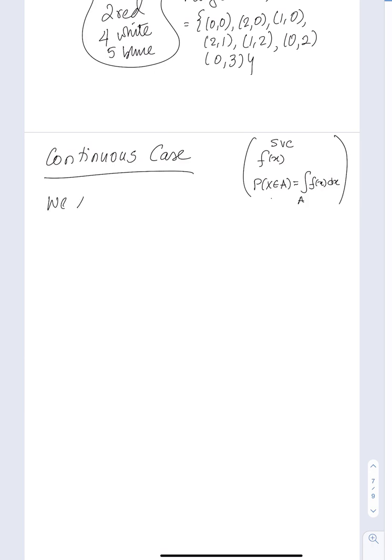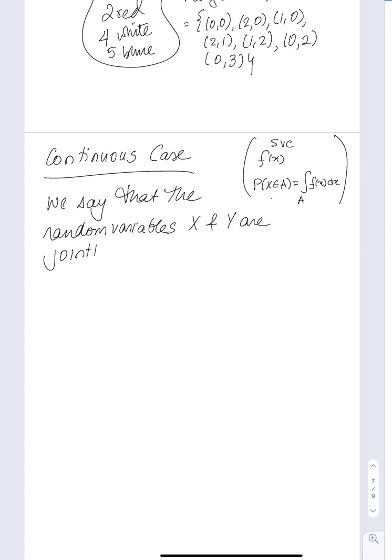We say that x and y are continuous random variables on the real line, and we say that the random variables x and y are jointly continuous if there's a function f on R2.